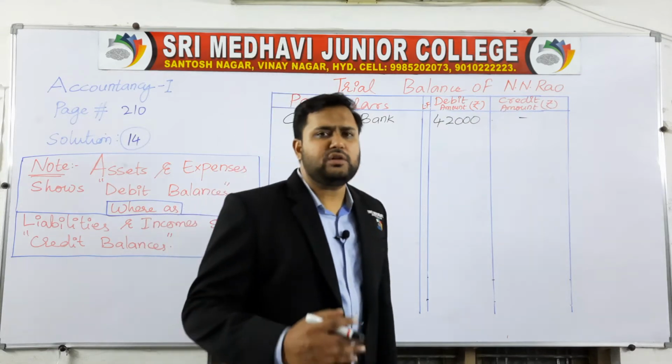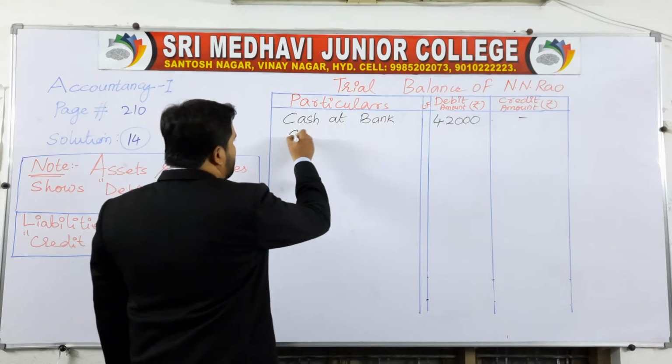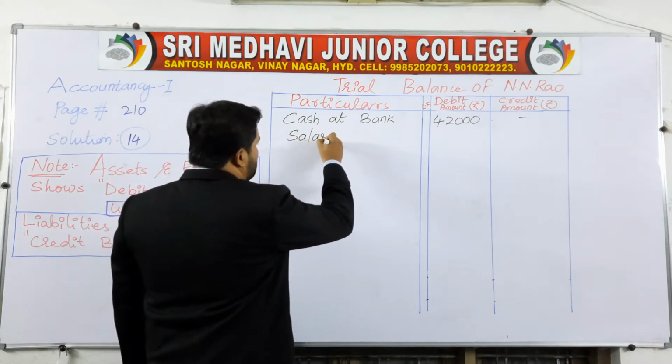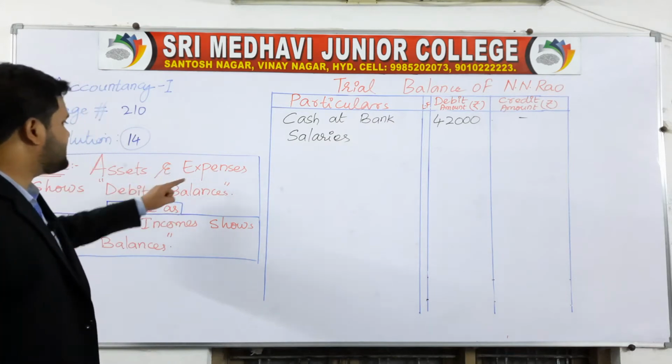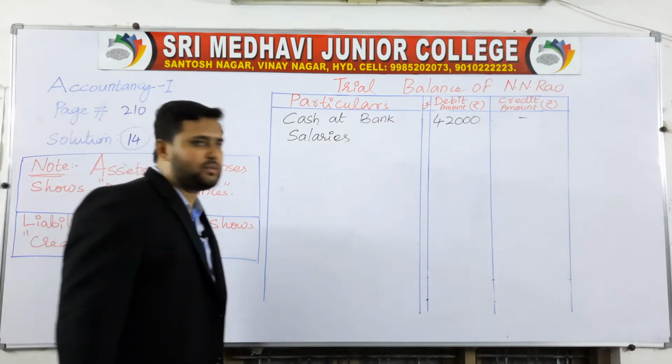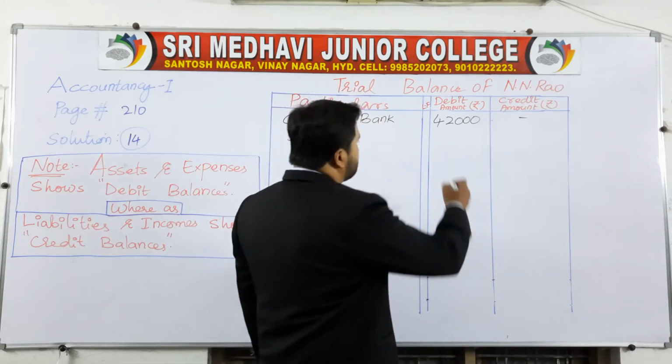Salaries: you are paying salaries, so it is an expense to you. Assets and expenses show debit balance, so you write that amount in the debit column. Salaries, how much? 30,000.